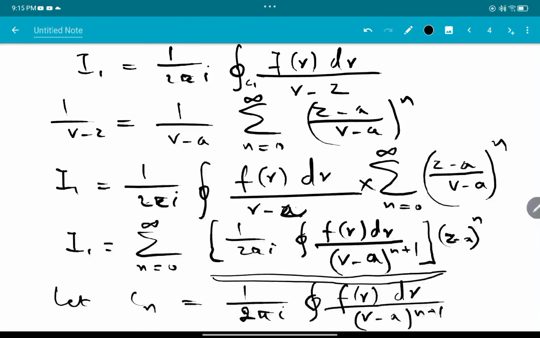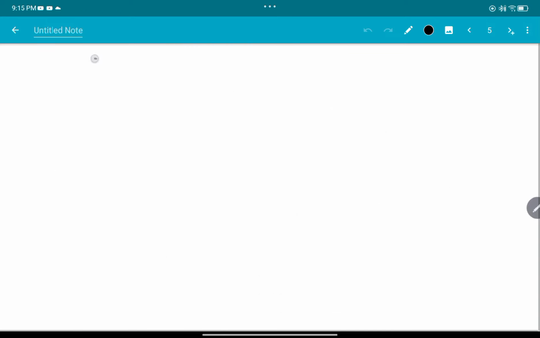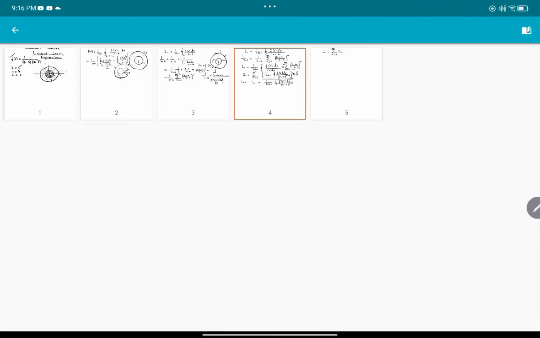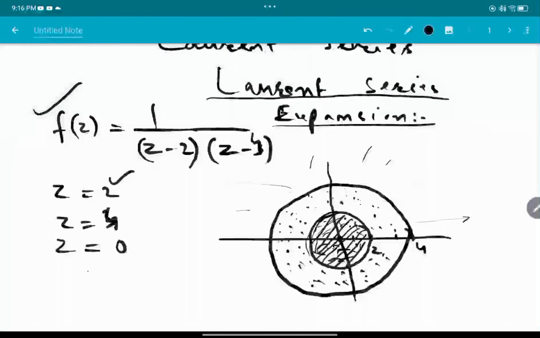When you replace this whole thing by Cn, it simplifies down. It becomes I1 is equal to the summation n equal to 0 to infinity of Cn into z minus a raised to n.